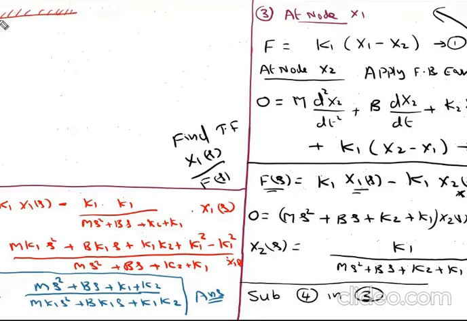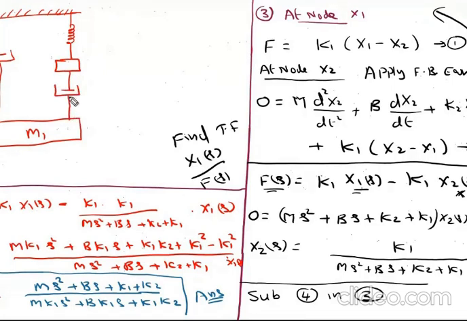So here I am having M1, B2, M2, K, B1, M1.